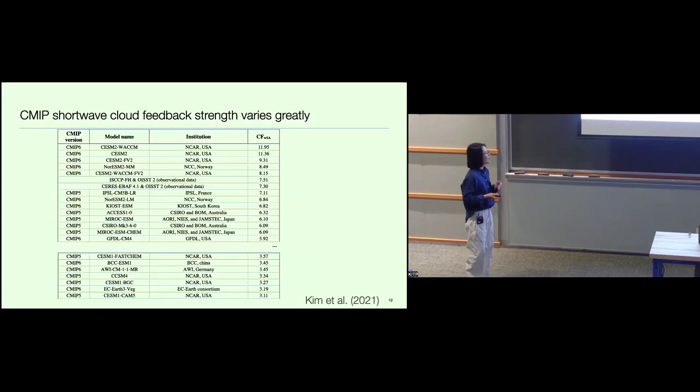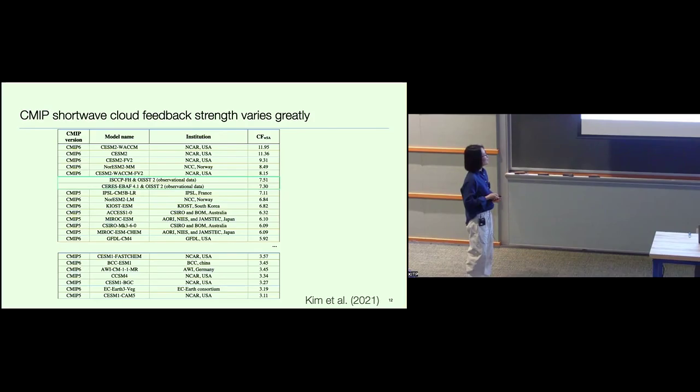This Kim et al. study really helped us to place the different climate models in terms of their shortwave feedback strength. It's a really nice table. You can see the observed values that Sarah also pointed out, around 7.5 on the Western South American coast in the Pacific.